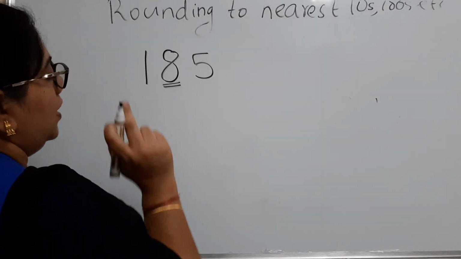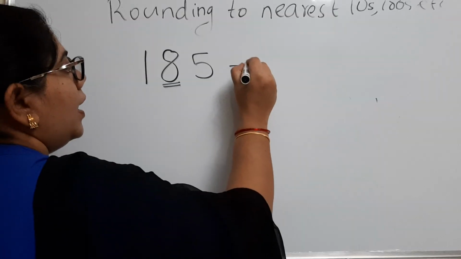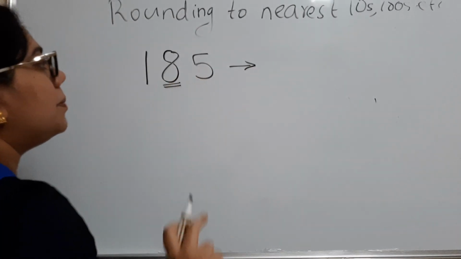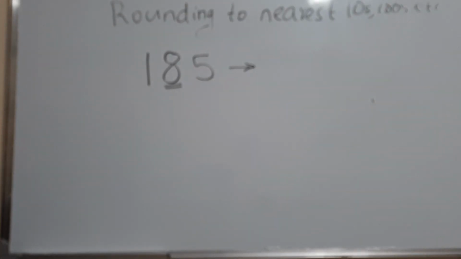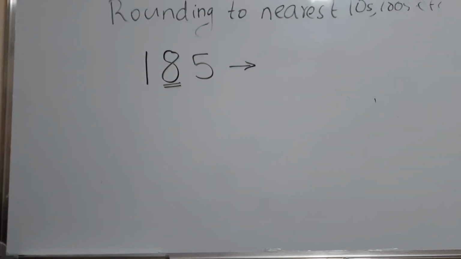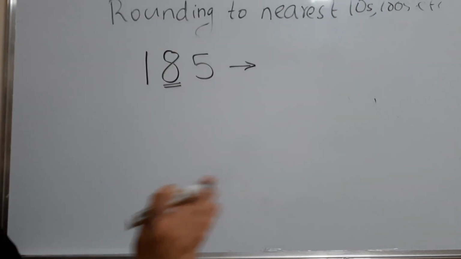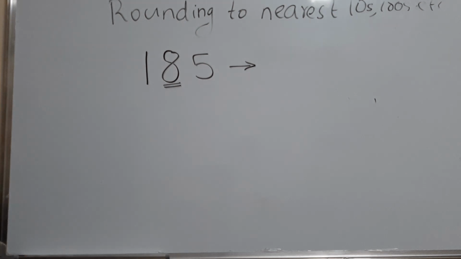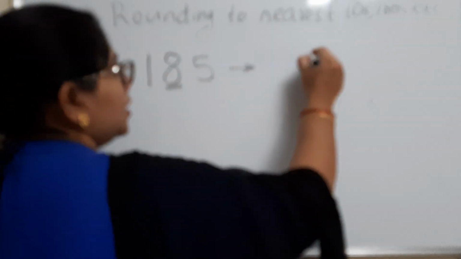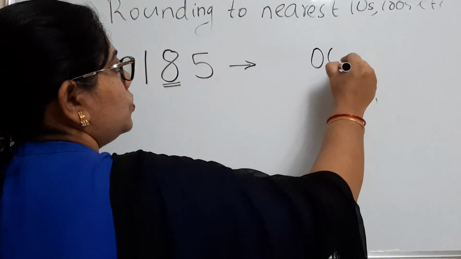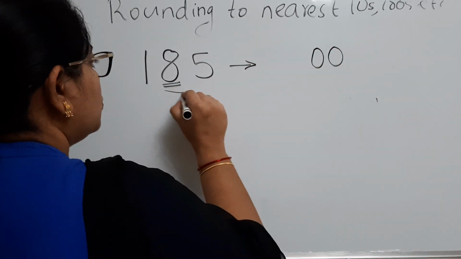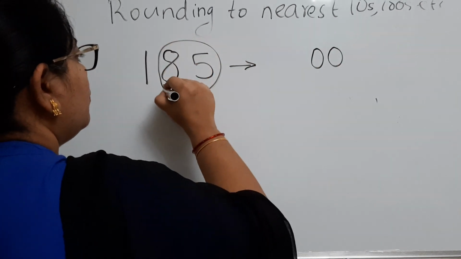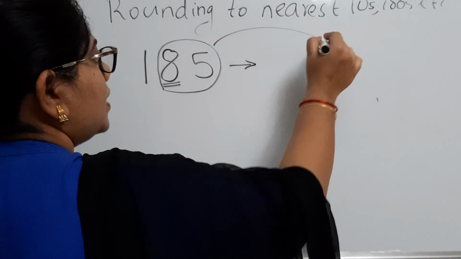Now, 100 means what? 100 is 100, right? 200, 200. So 100 means 2 zeros will come in there. So 2 zeros in the end. That is, these two numbers will change to 0, 0.